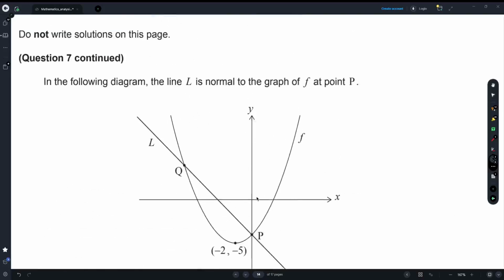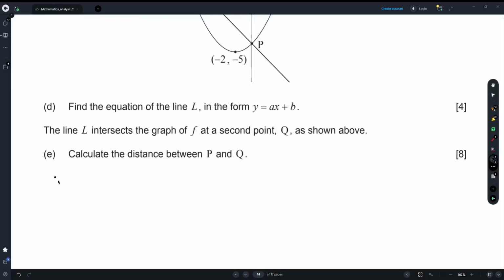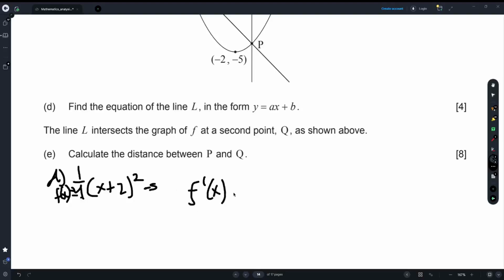Yep, okay. So we'll just do it here: f of x equals 1/4 times x plus 2 squared minus 5. So f prime of x will just be, using the power rule, bring this down, so the 2 goes down, and we don't need to use the chain rule because the derivative of x plus 2 is the same as the derivative of x.